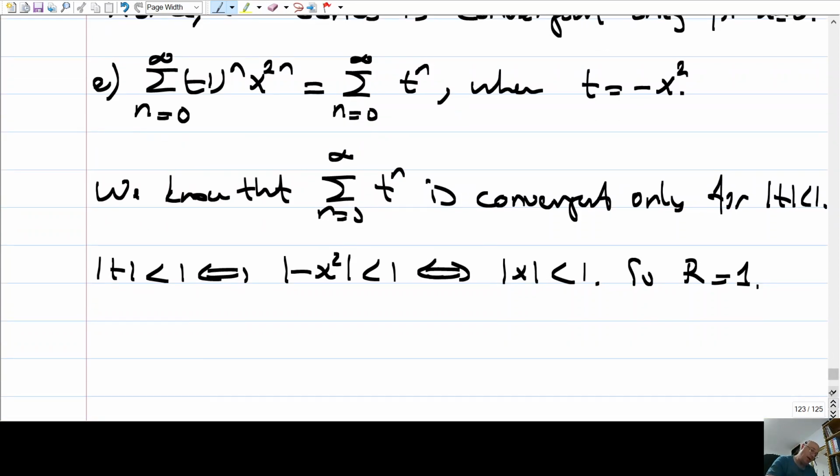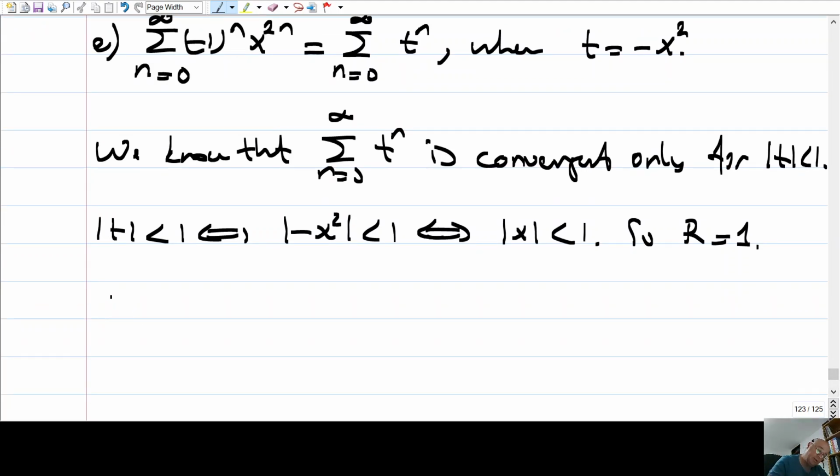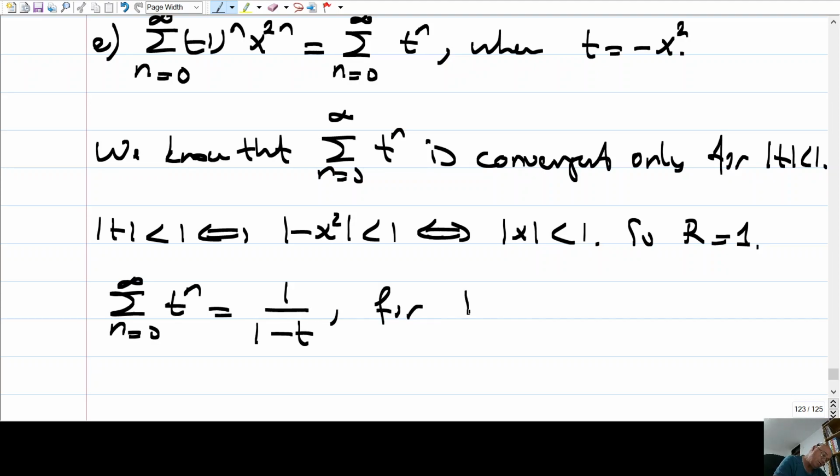What about the endpoints? Okay. Well, actually, we know this, right? This is the geometric series, and this is nothing but 1 over 1 minus t, right? For t less than 1.